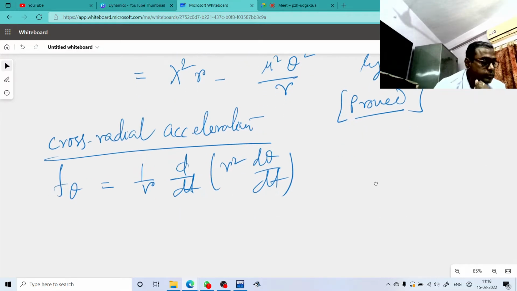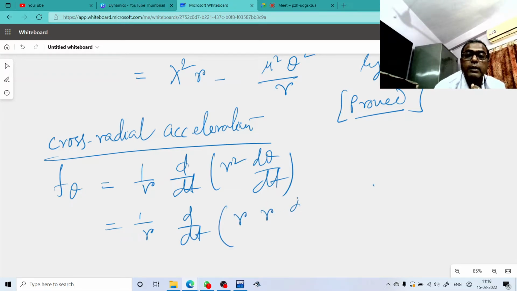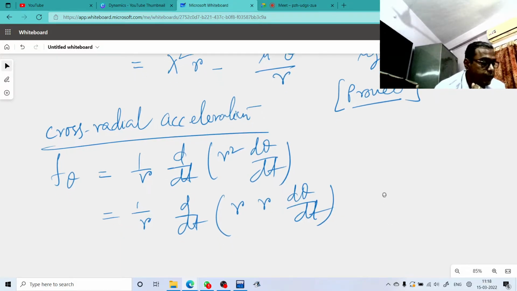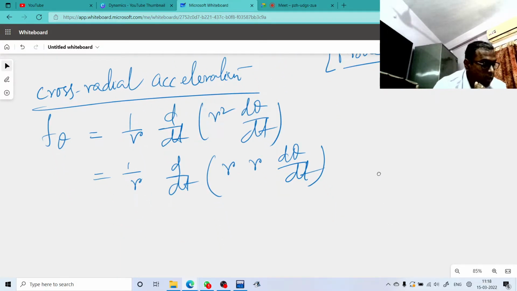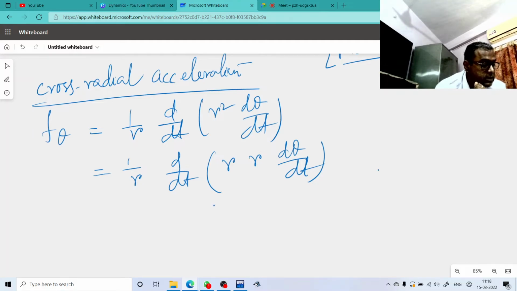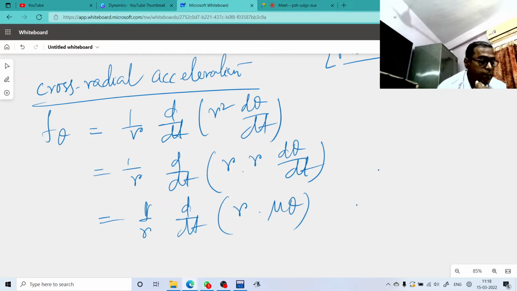Now we write this as 1 by r d/dt of r into r d theta/dt. This r d theta/dt means mu theta. From the second equation, 1 by r d/dt of r into mu theta by 2.